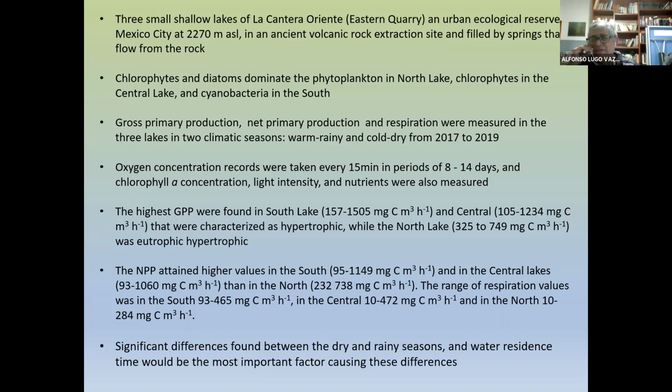Later, they were reconstructed and separated by man, and now they are interconnected, but they are strongly managed because usually when the rainy season is heavy, the area is overflowed, and then they need to maintain the water levels.